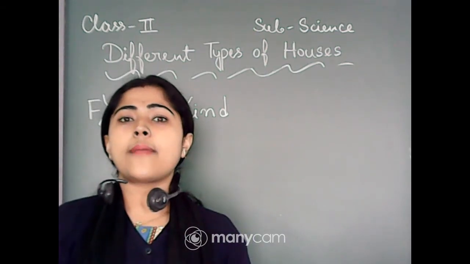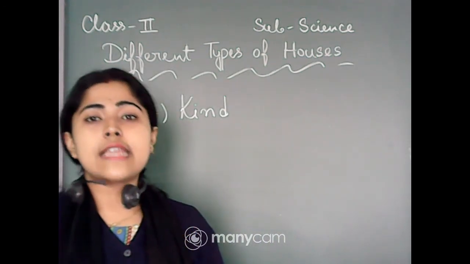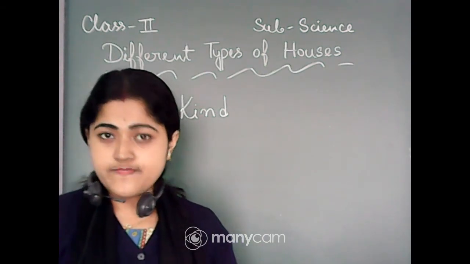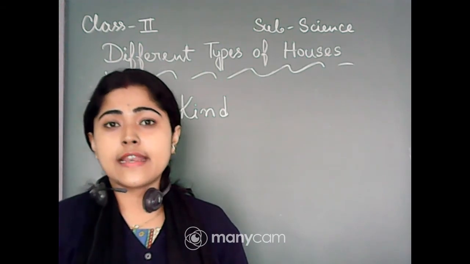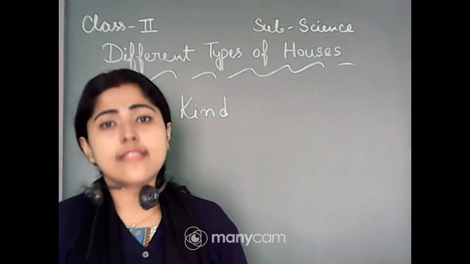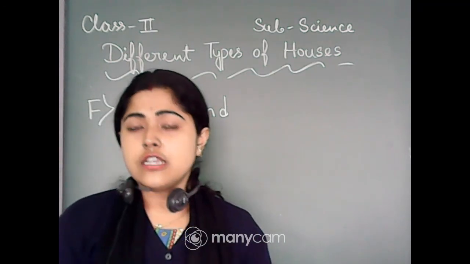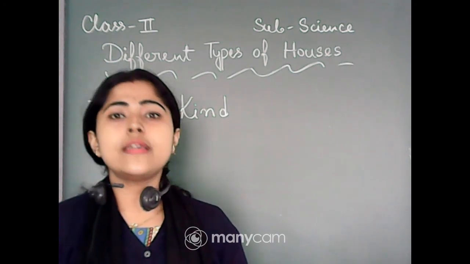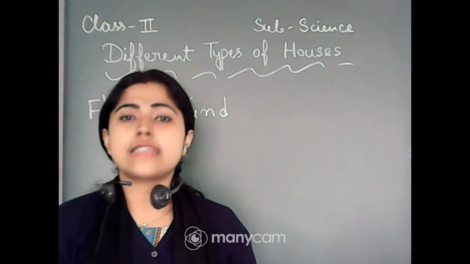We can see permanent, temporary, and special houses also, and what things they are made of; you have to remember it. Those materials and where they are located, and other extra things which we learned already about those houses. So you have to read the chapter very attentively, remember it, and practice this exercise part again.